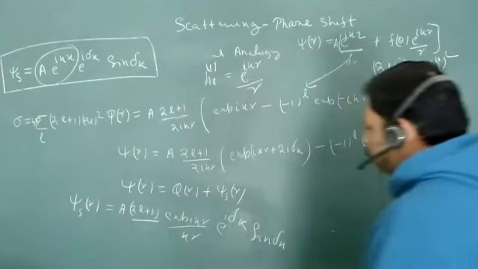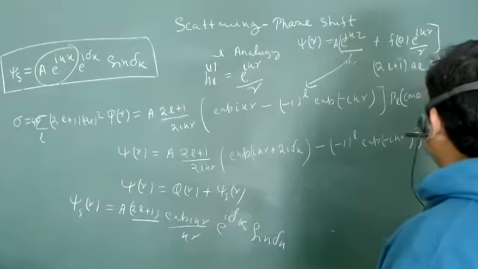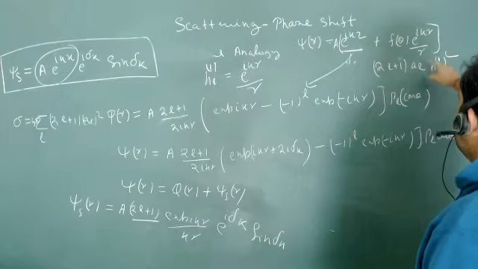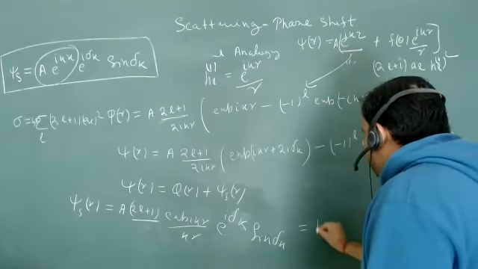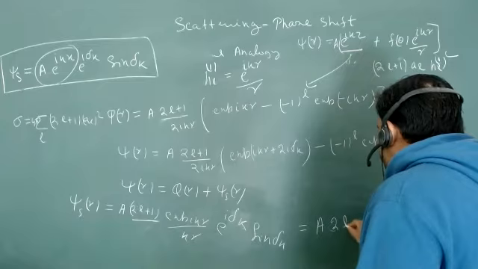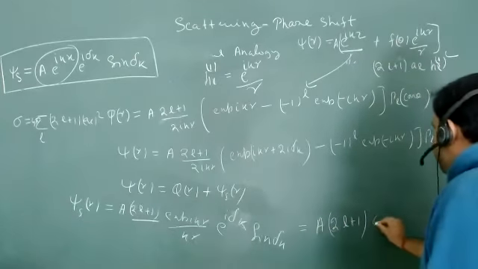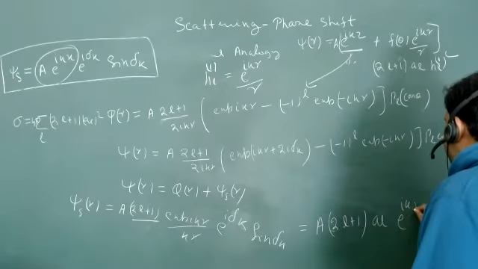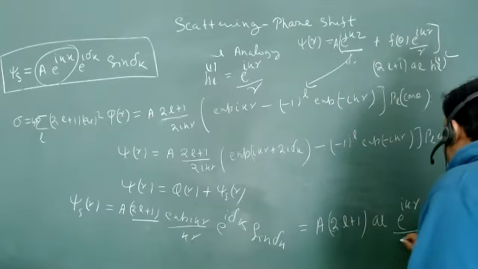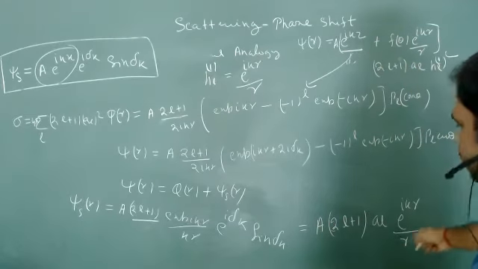So now, if we are going to compare with this one, this particular thing, then this is equal to A, 2L plus 1, AL, and we have e to the power ikr upon r, because there is 1k, so the 1k is cancelled out.